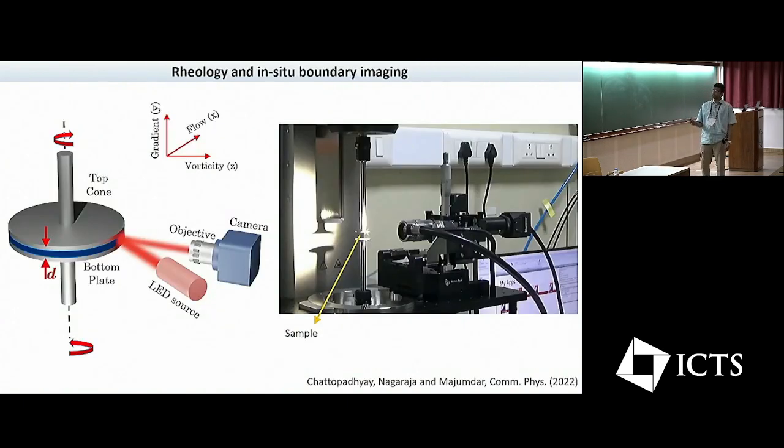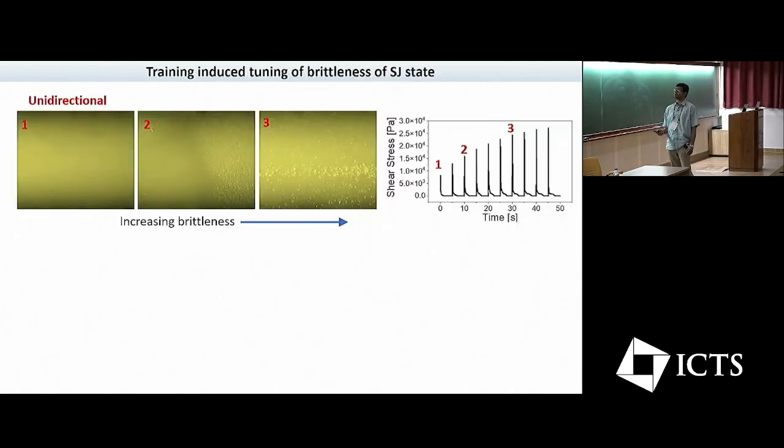We also observed the sample under boundary imaging. This is the setup in our lab: because these particles are opaque, you shine some light and collect the diffuse light with a camera. So we confirmed that with different steps, it is developing some brittleness.